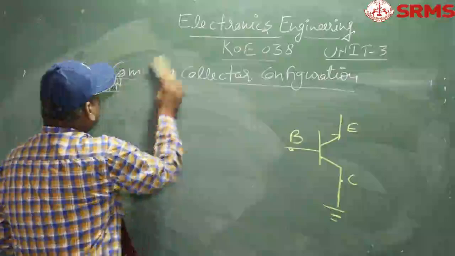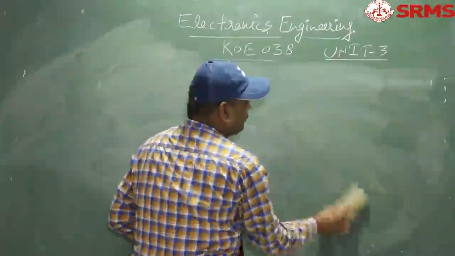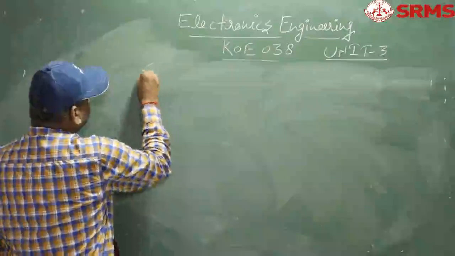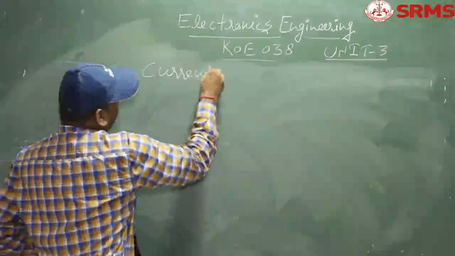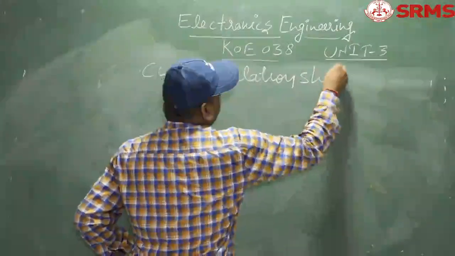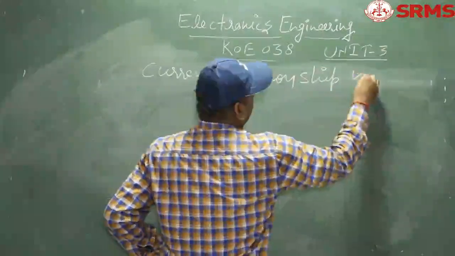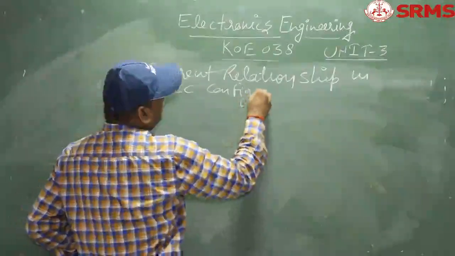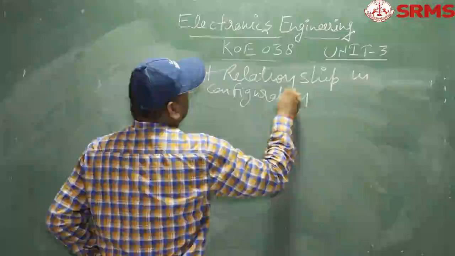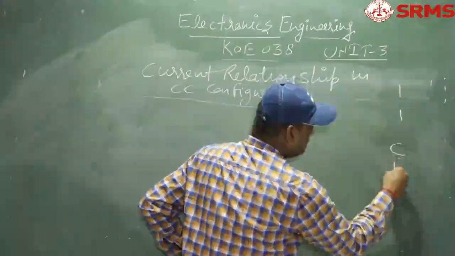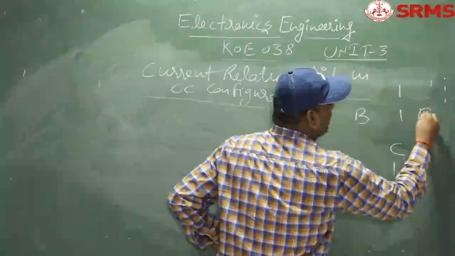Now we will determine the current relationship for the common collector configuration. In CC configuration, the collector is common for the base as well as for the emitter.